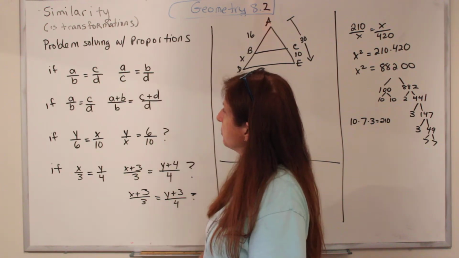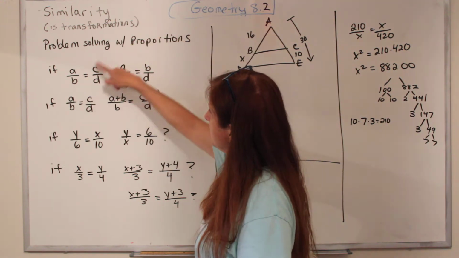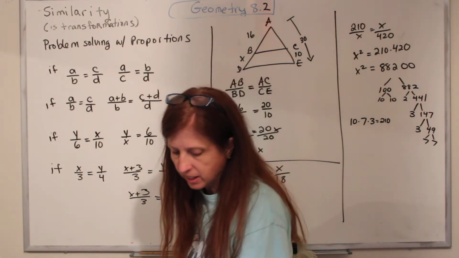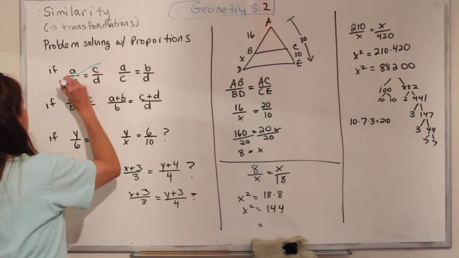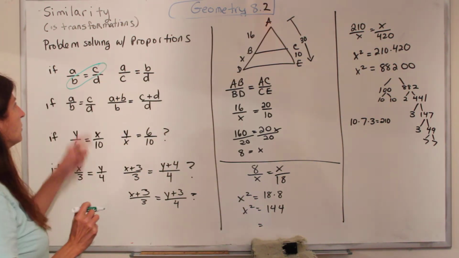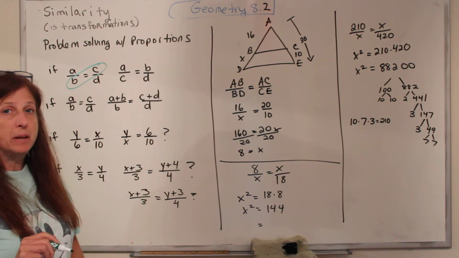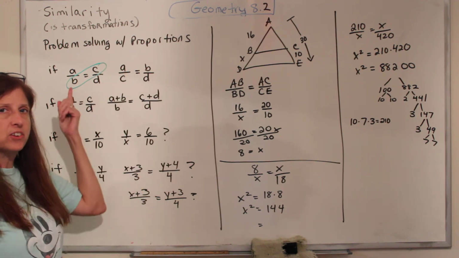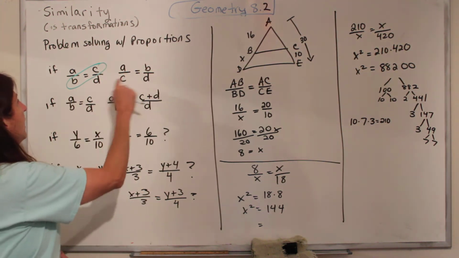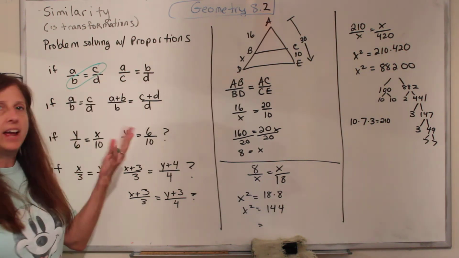Now this is a little rule: if you have A is to B as C is to D, then you can flip and switch the middle two. If you remember last time we said the middle two are called the geometric mean, and you're allowed to switch them. So that's our first little thing we're learning that we're allowed to do, is you can put the B where the C was and the C where the B is, and it's allowed.